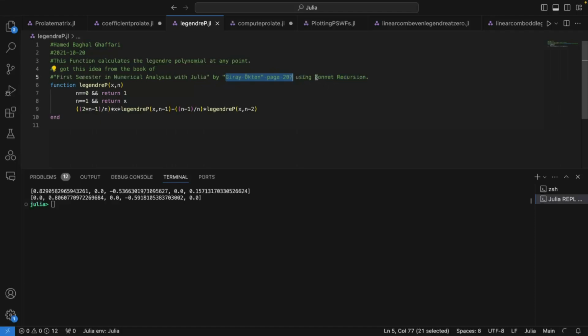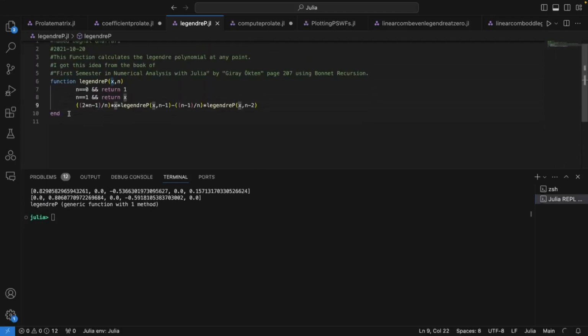We can use the Bonnet formula for the Legendre polynomials to compute them. We will discuss the packages, such as special functions, later. So we can have this one actually.